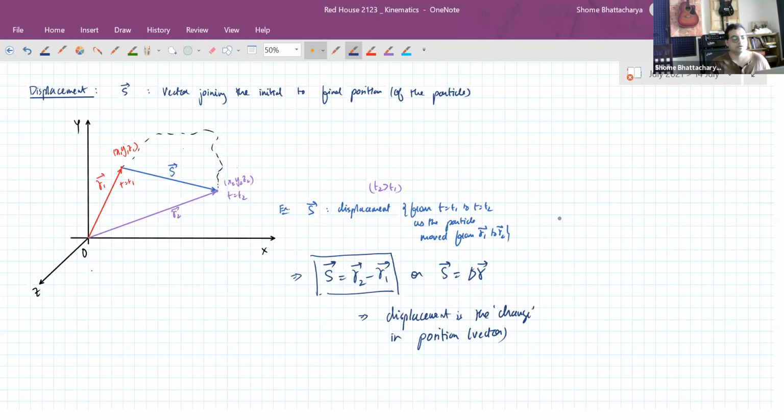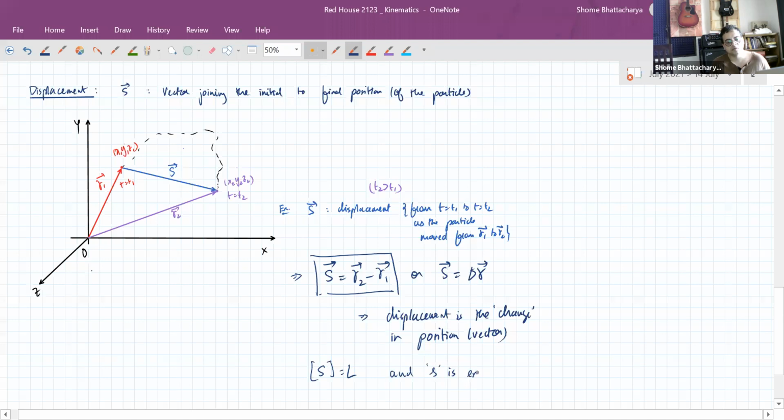Okay. Of course, as you probably already understand, the dimension of the quantity displacement is length, and its unit is expressed in meters in the standard international system, or centimeters in the CGS system.